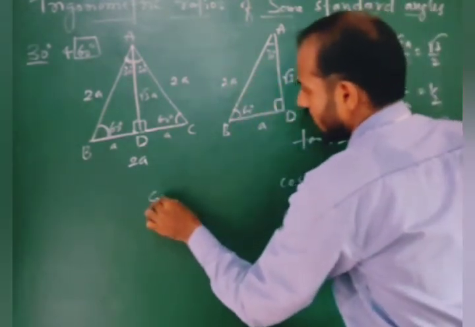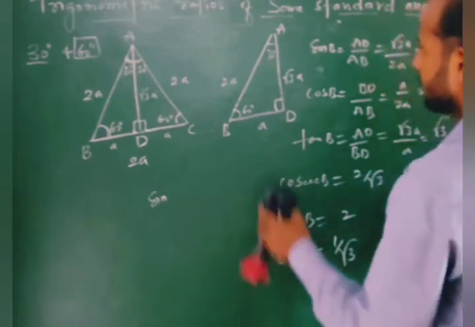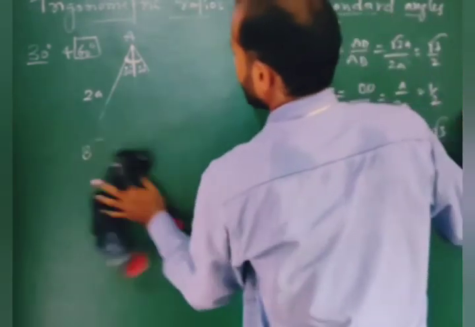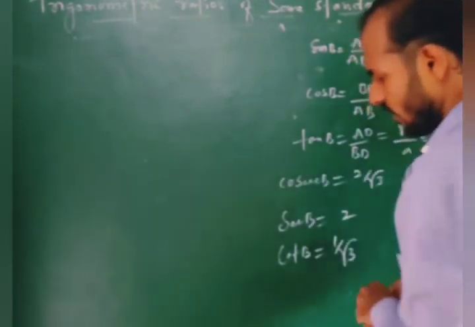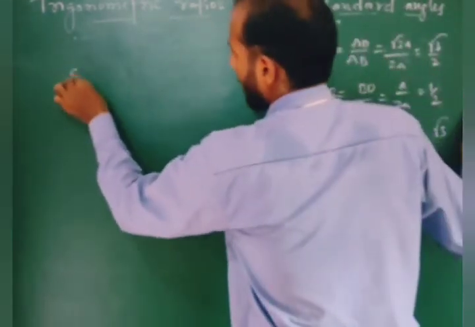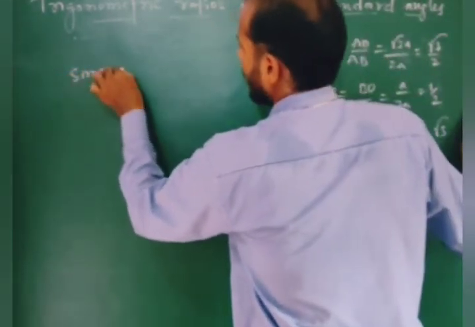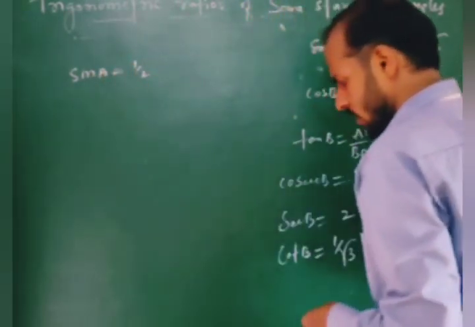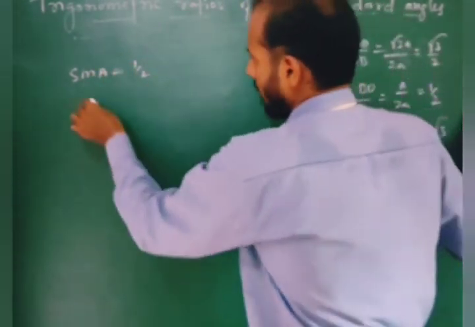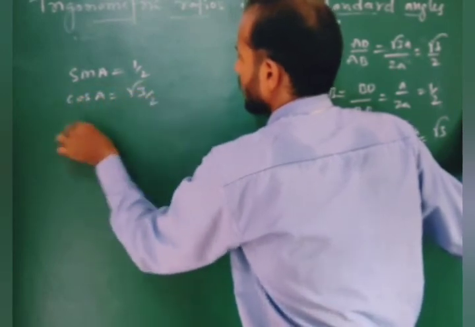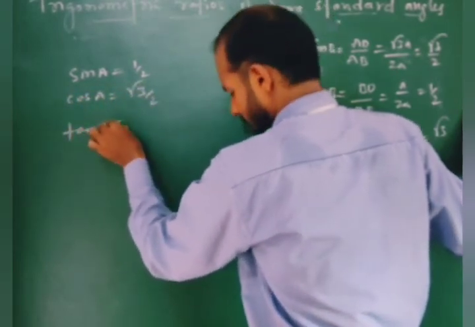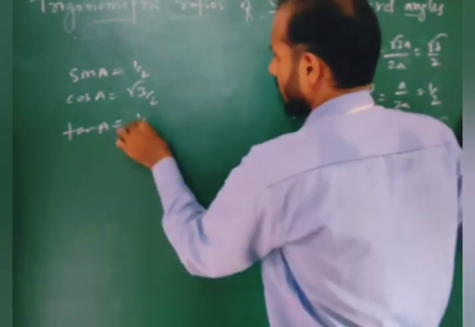And one thing keep in mind, angle 30 degree and angle 60 degree. I will write once again here. The value of sine A is 1 by 2, cos A is root 3 by 2, tan A is 1 by root 3.